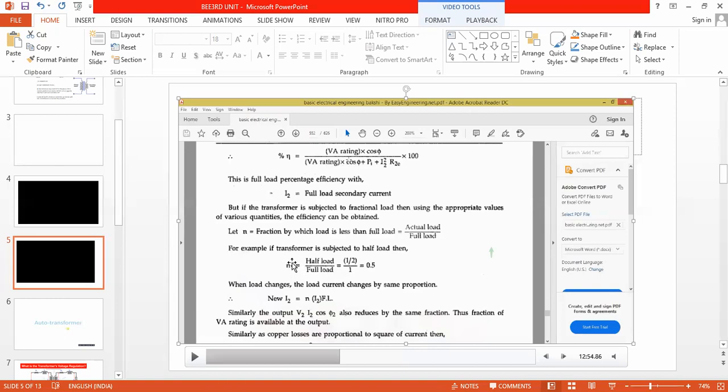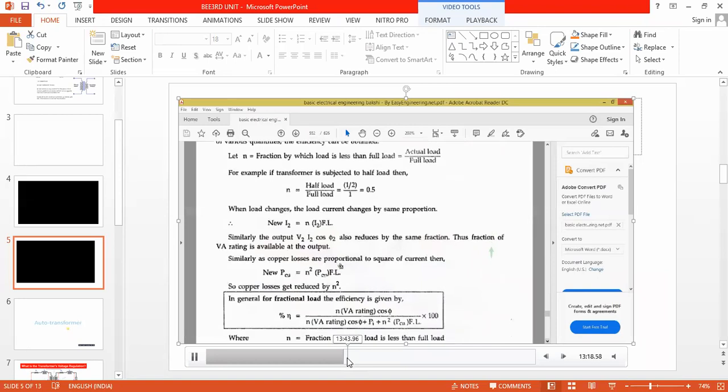So we take a small n value, which is nothing but a fraction. n is equal to actual load by full load. Actual load right now is off load. Just remember this formula: n equals actual load by full load. I'll explain it in between the problem. Let me take you to the first problem so that you understand what we are discussing. Any one student tell me the formula for efficiency.